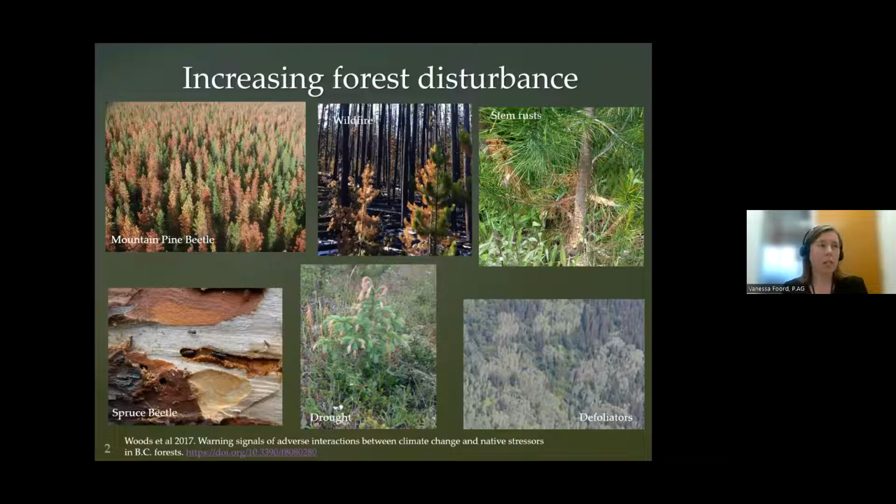And to a lesser extent, we're experiencing increasing forest pathogens, which are also leading to mortality, a growing spruce beetle epidemic, increasing losses due to drought, including, unfortunately, the loss of millions of seedlings as a result of last summer's heat dome in British Columbia, and also a rise in defoliators, so pests that actually mine out the chlorophyll of certain tree species, and decrease photosynthetic capability. All of these things are also impacting the ability of our forests to mitigate climate change impacts.